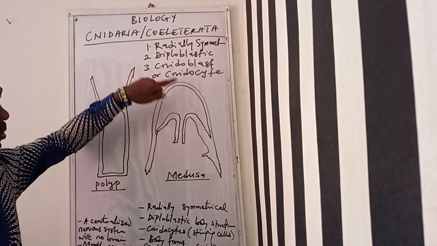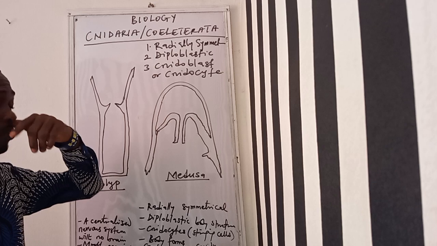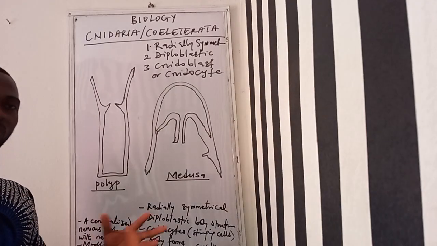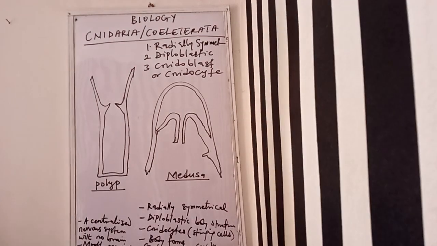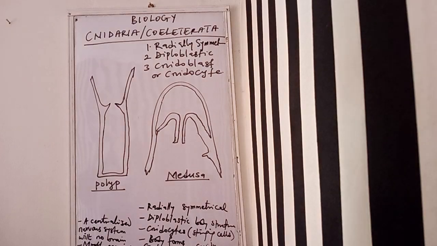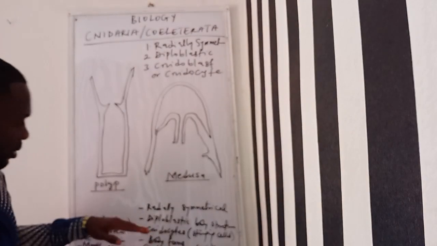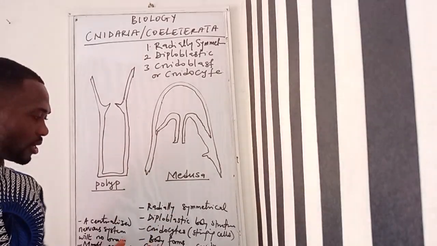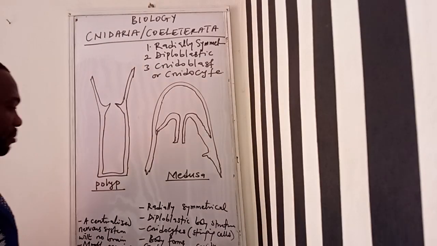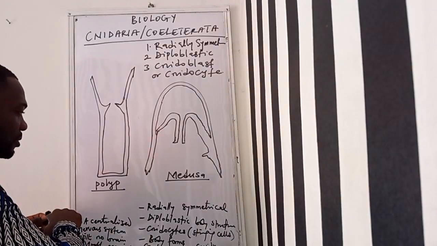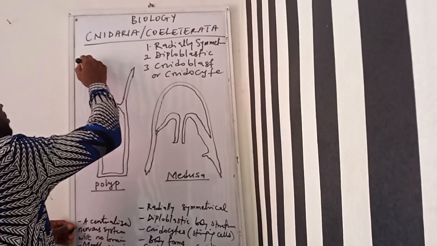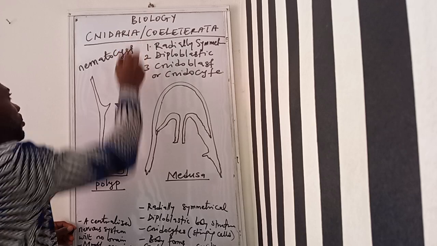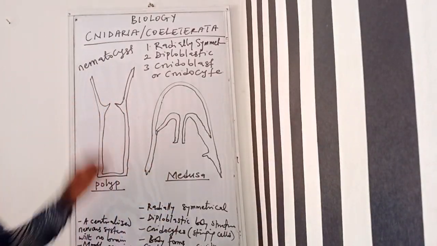This stinging cell, the cnidocyte or cnidoblast, is filled with a poison-filled thread known as a nematocyst.